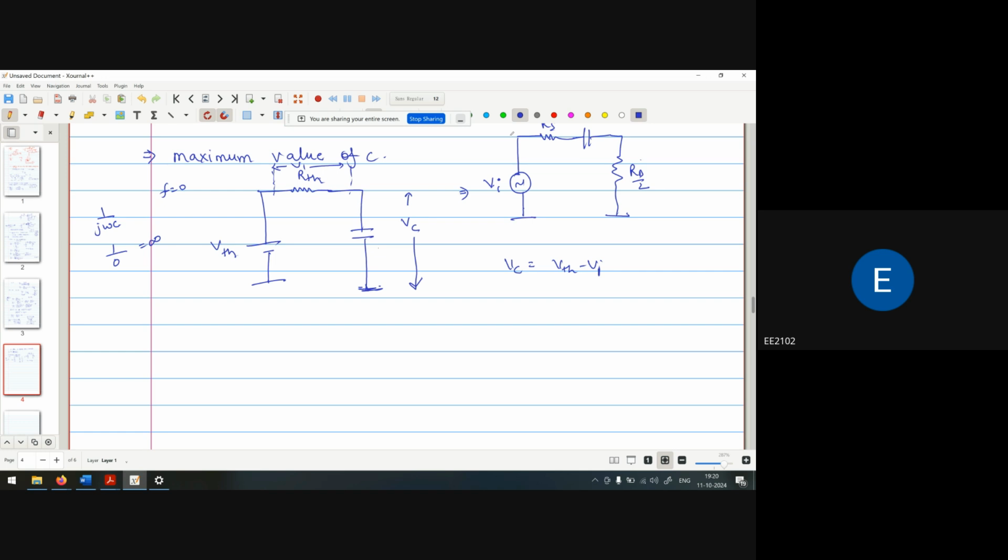Now, to calculate the voltage drop across the capacitor, whose impedance is 1 upon SC, VC is equal to VTH into (1 upon SC) upon (RTH plus 1 upon SC). That is equal to VTH into 1 upon (1 plus RTH into SC).